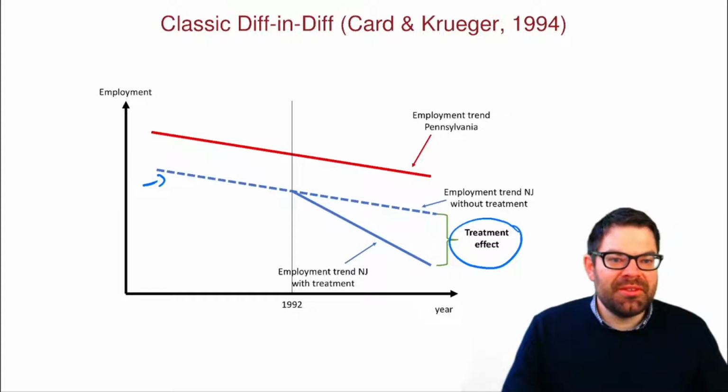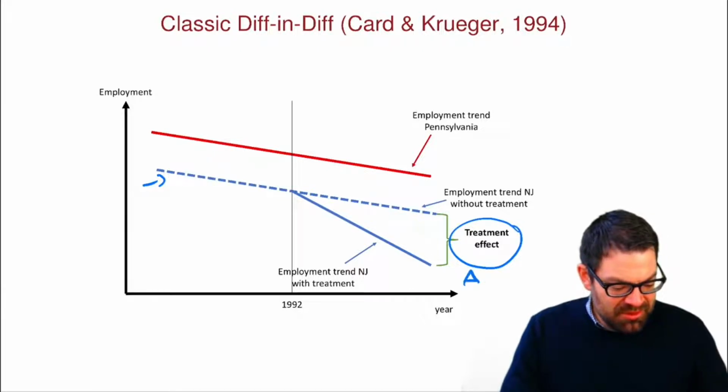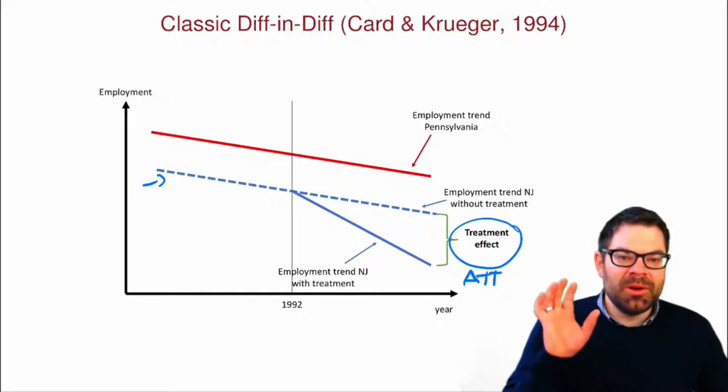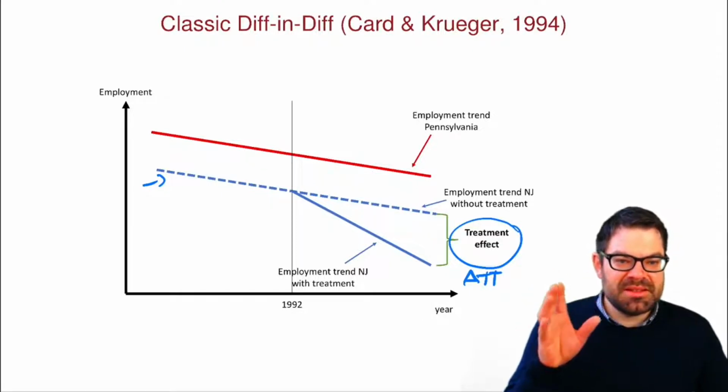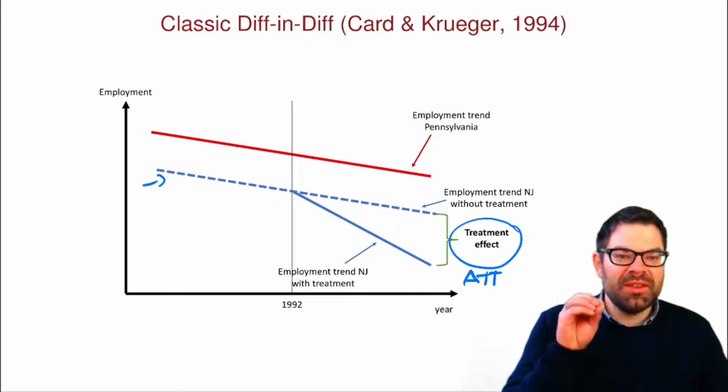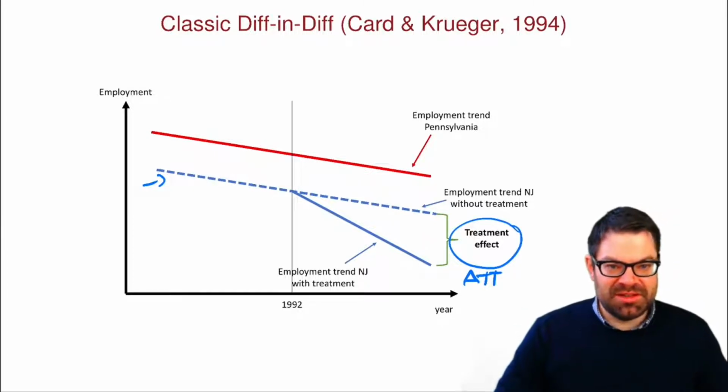Okay, so it's a counterfactual exercise, and as we will see, that treatment effect is akin to the average treatment effect on the treated. Right, so I want to know among those, in this case, in that state that has been treated, what would the employment in that state have been had it not been treated.